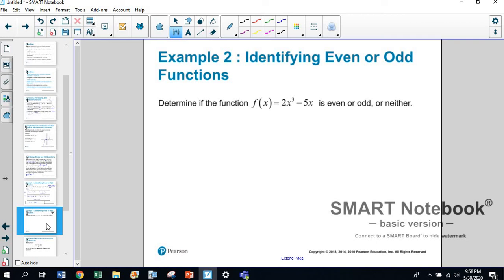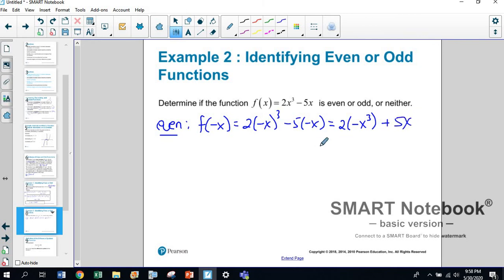All right, so we're going to test for even. Plug in minus x. What do you get? You get 2 times minus x cubed minus 5 times minus x, which is 2 times minus x cubed plus 5x. You get negative 2x cubed plus 5x, and that's certainly not the same as the original function, so it's not even.